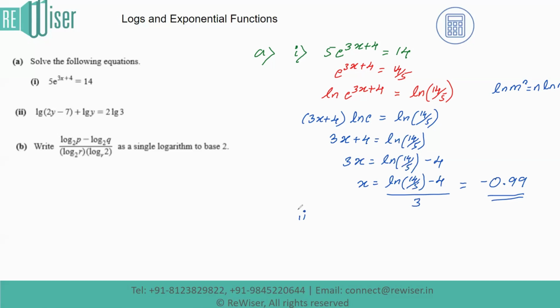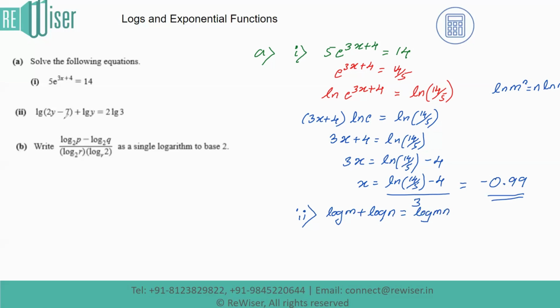Now, if I talk about A part 2, we need to solve for y here. The first thing we should know is that LG is another way of writing log. Whenever we have log m plus log n, that can also be written as log of m times n.